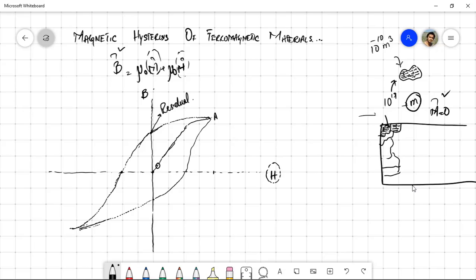Once these materials are magnetized, it is very difficult for us to demagnetize them. We have to spend a lot of energy in order to demagnetize those materials. That means that these are the perfect material if we want to make a permanent magnet, or magnets that we don't want to lose their potency with respect to time.